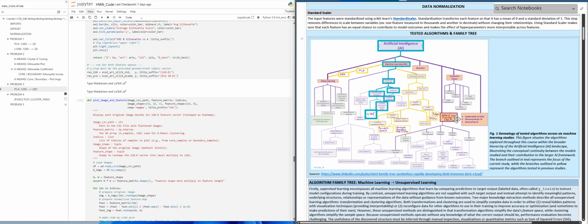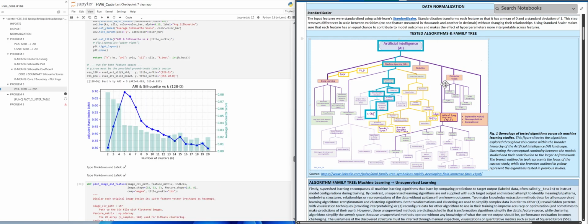I provided here a tree of all of the algorithms that have been studied in the course. I rewrote some of it poorly, but to match our structure for the course, and it shows how the algorithms that we're currently reviewing are placed within that larger family.